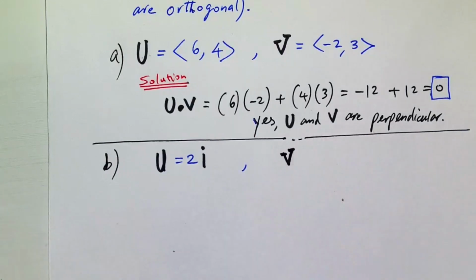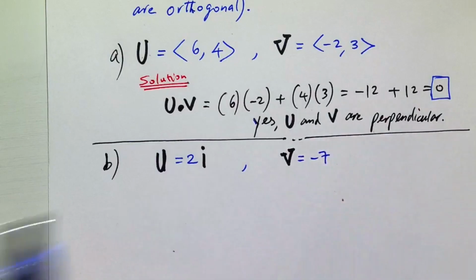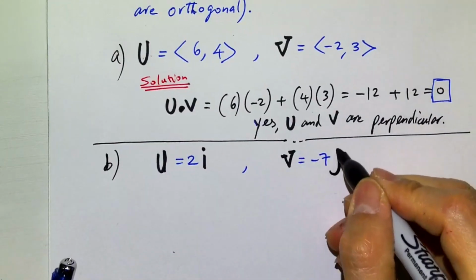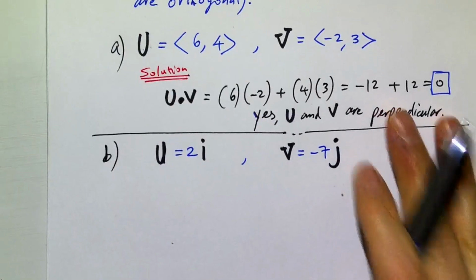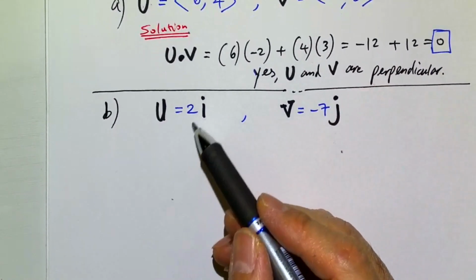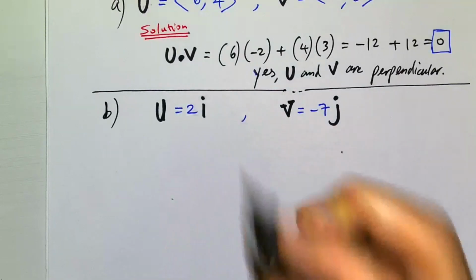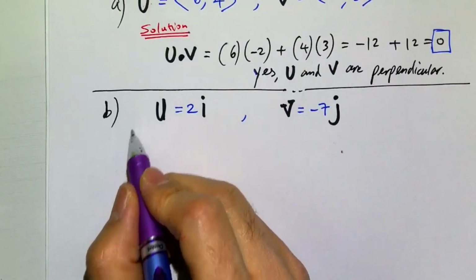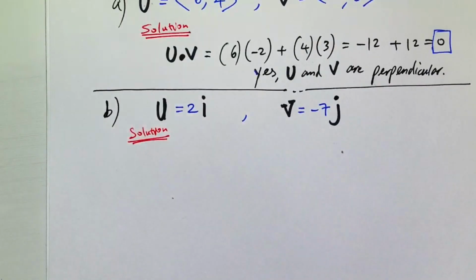And v, vector v, is equal to minus 7j. Okay. Well, by now you know how to write the vector component form from this ij form, so I'm just going to do that right away. So solution would start here.